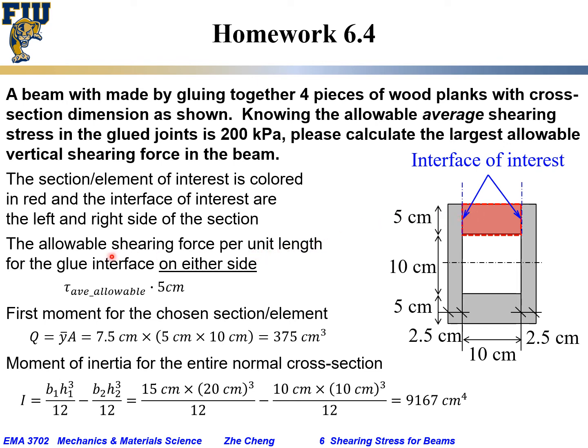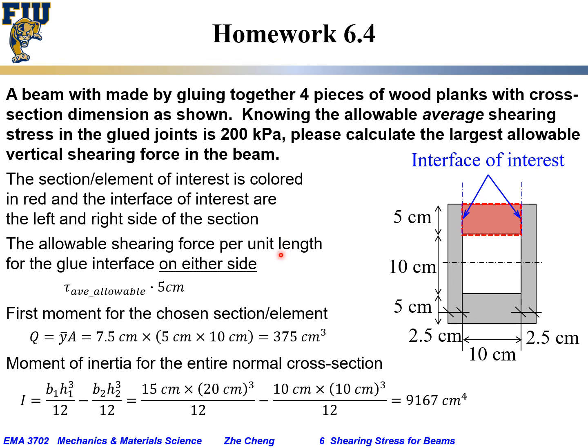And we set the allowable shearing force per unit length. The allowable shearing force per unit length for the glued interface on either side would be the allowable stress times the width for that interface. So, okay, we are trying to calculate shearing force per unit length.